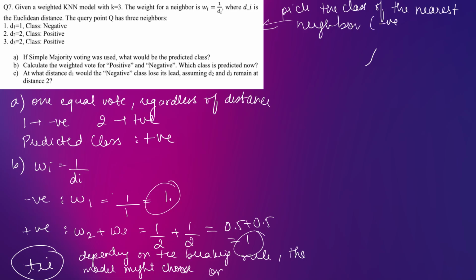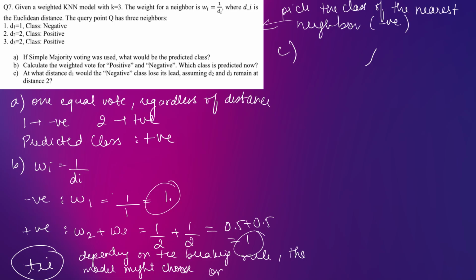That is your negative neighbor. So in B part, you can say there was a tie. Now, at what distance would the negative class lose its lead, assuming D2 and D3 remain at distance 2?